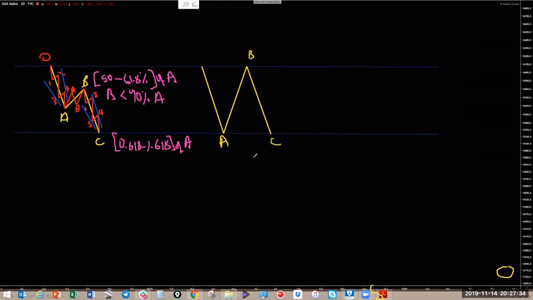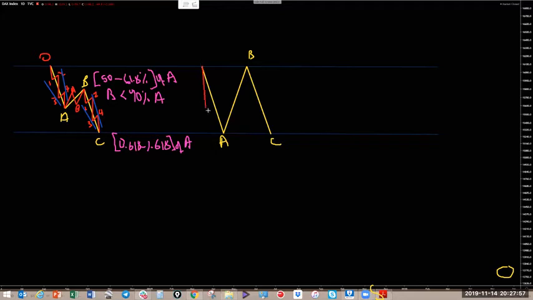What we've learned up to this point is that wave A will always have 5 waves. Remember from yesterday, we said wave A is either 5 waves of an impulse or 5 waves of a diagonal. The same way we've done it here. But now with a flat correction, they're saying it's something totally different. They're saying now an A has got 3 waves. Now, how does that work?